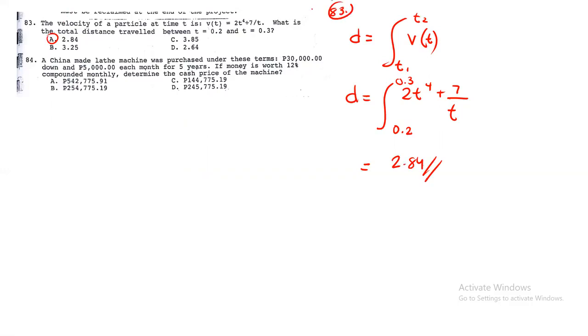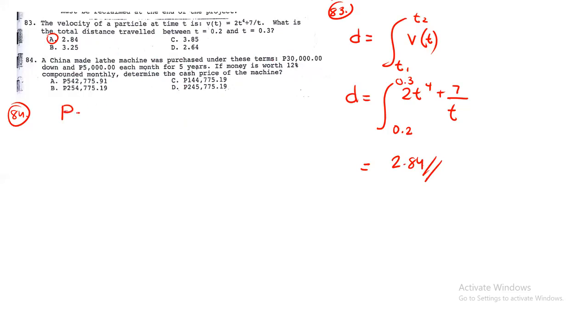So, next, 84. A China-made lathe machine was purchased under these terms: 30,000 down payment and 5,000 each month for 5 years. If money is worth 12% compounded monthly, determine the cash price of the machine. So, hinahanap natin dito yung cash price. So, meron siyang down payment na 30,000.